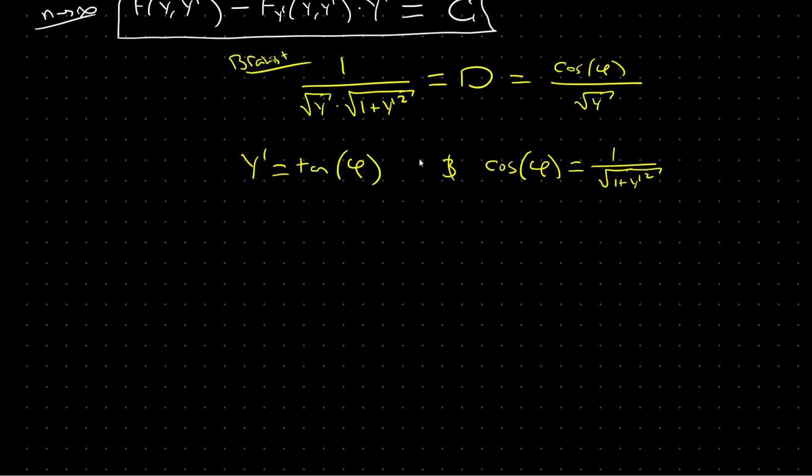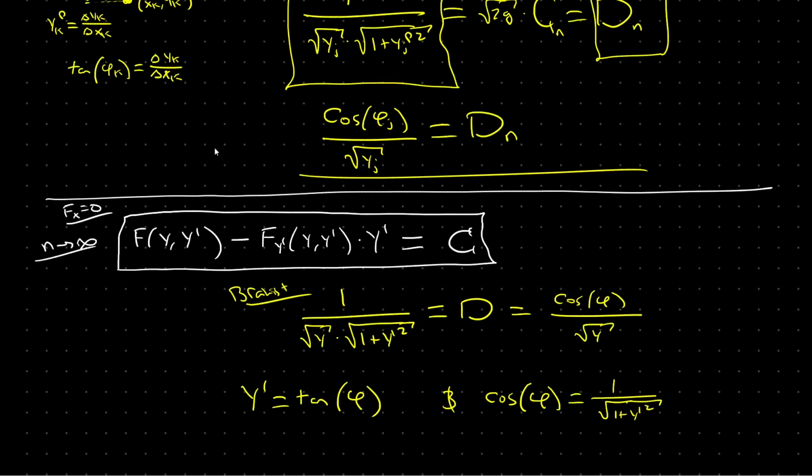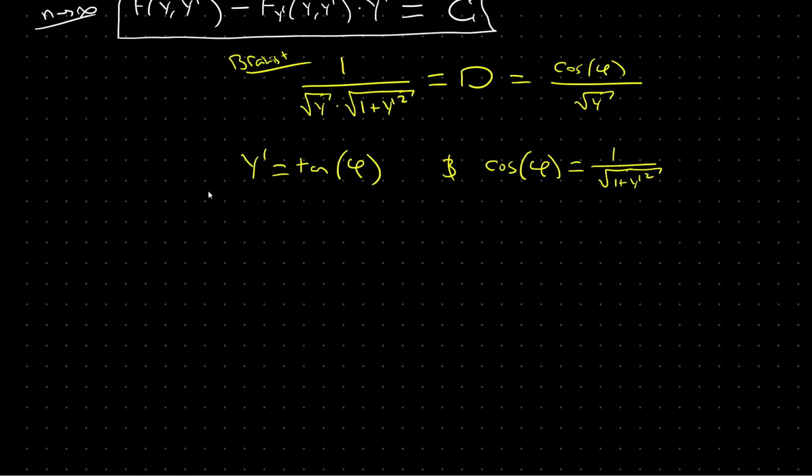The relationship between tangent of phi and the angle psi is that y prime is equal to cotangent of psi, because the angle psi is pi over 2 minus phi. Using some basic trigonometry, you can see that this clearly has to be the case.